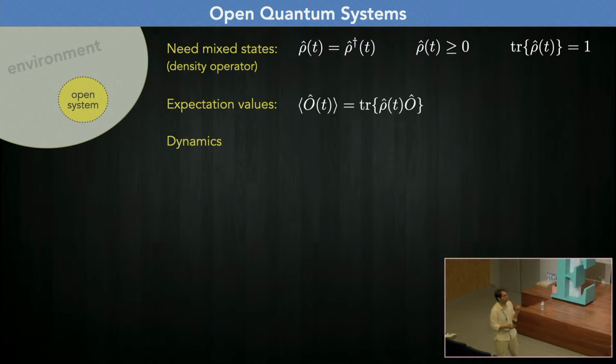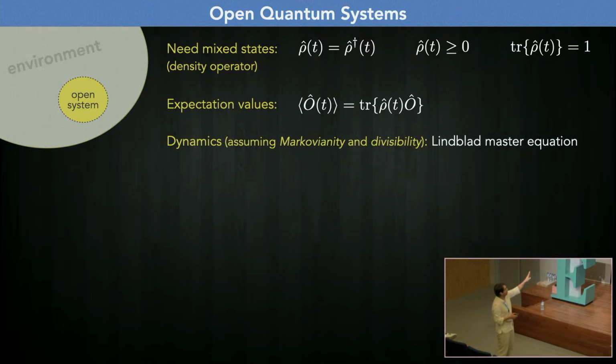So here I am going to focus on the simplest scenario, what we call the Markovian and divisible scenario. Markovianity, I think you all know what it means. It essentially means that the state at a later differentially connected time, in the next differential step, depends only on the previous step. It doesn't have memory. That happens very naturally for many environments and system types of interaction.